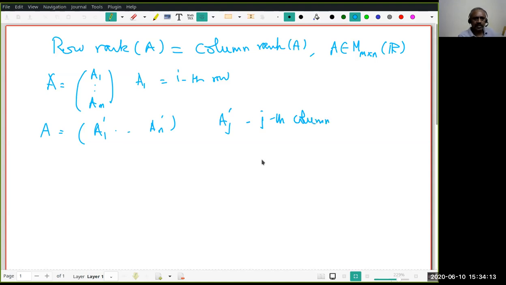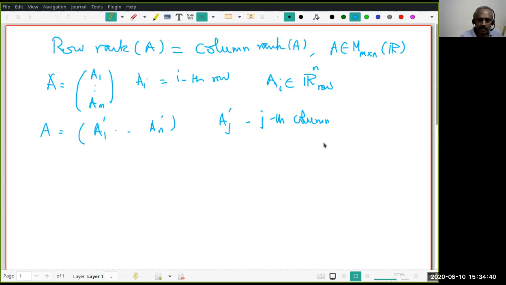Also, we want to think of something different. Suppose Ai is the ith row. How many coordinates, entries, are there? n entries. Therefore, I think of Ai as an element of R^n, as a row vector. Now how will I think of Aj dash then?